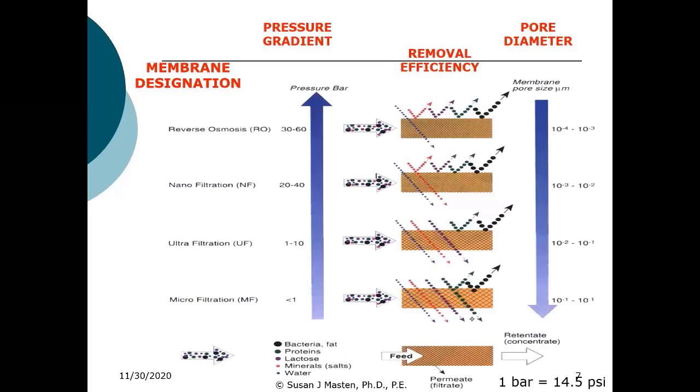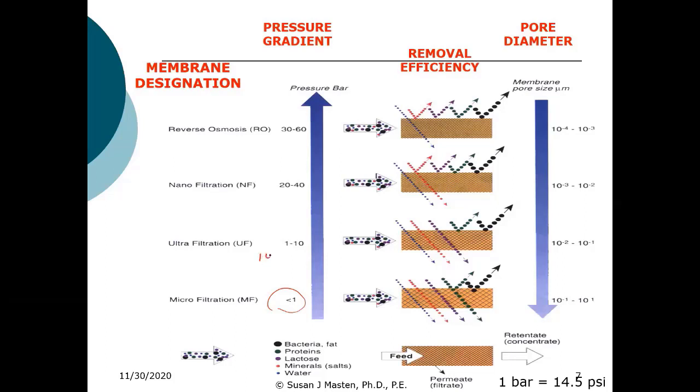This figure here shows the different types of membranes. As I've mentioned, we have microfiltration, ultrafiltration, nanofiltration, and then reverse osmosis. In terms of pressure, microfiltration is operating at about 1 atmosphere, or less than 14.5 psi. As we decrease the pore sizes here, we increase the pressure required across the membrane surface.